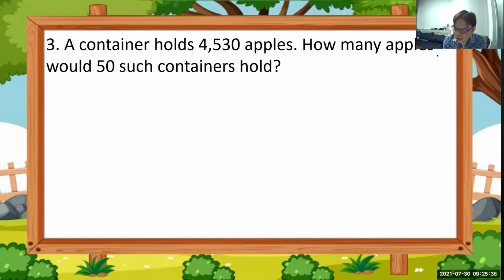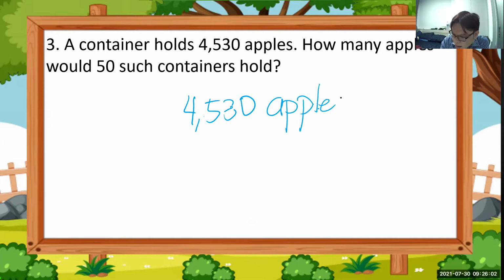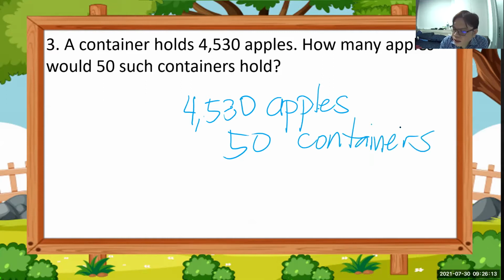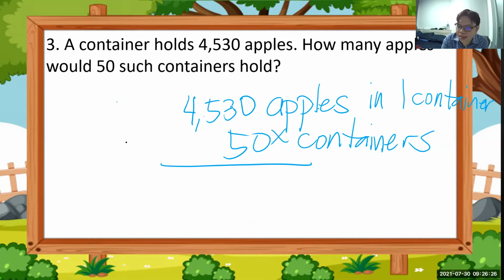You have 4,530 apples in one container, and you have 50 containers, so we multiply that. Okay, so that is your data.